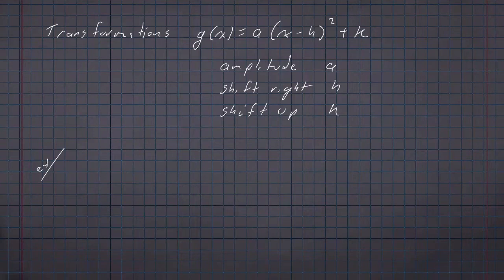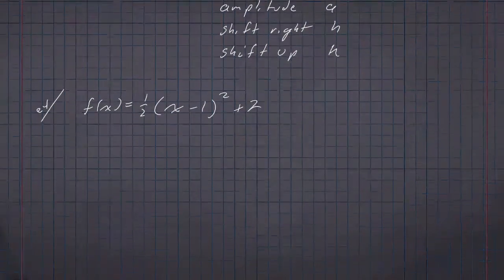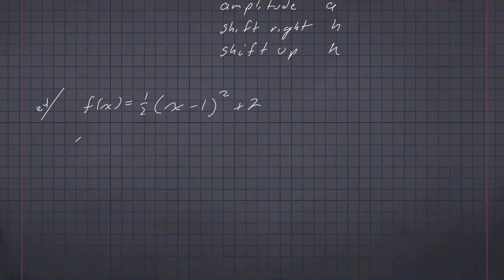So for example, if I'm looking at the function, say f of x is 1/2 times (x minus 1) squared plus 2, I could, of course, just plug in a couple of points and find the general shape of the graph that way.